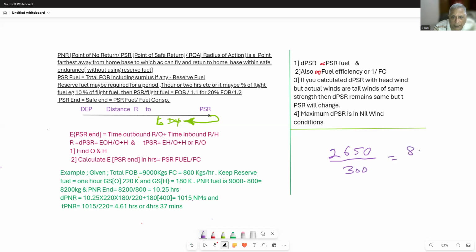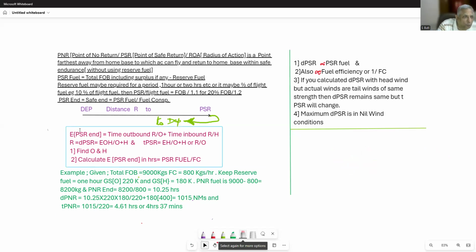So 8 point divided, and that will be your answer. 8 point so many hours. Usually up to second decimal should be fine. You may round off the third decimal. Otherwise, your question will unnecessarily become too long on the calculator.